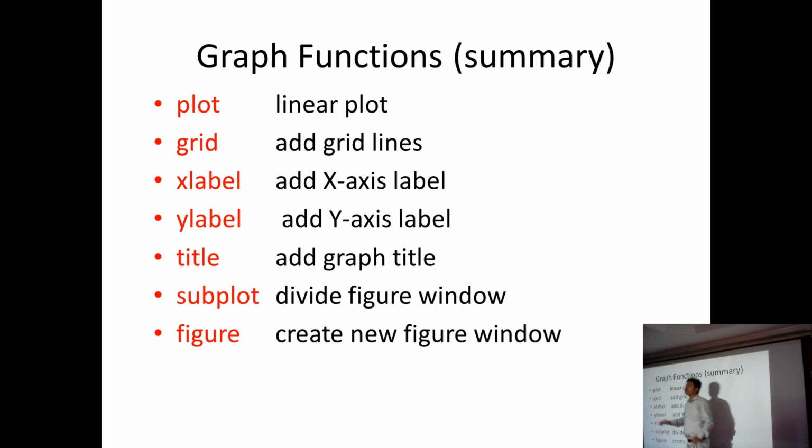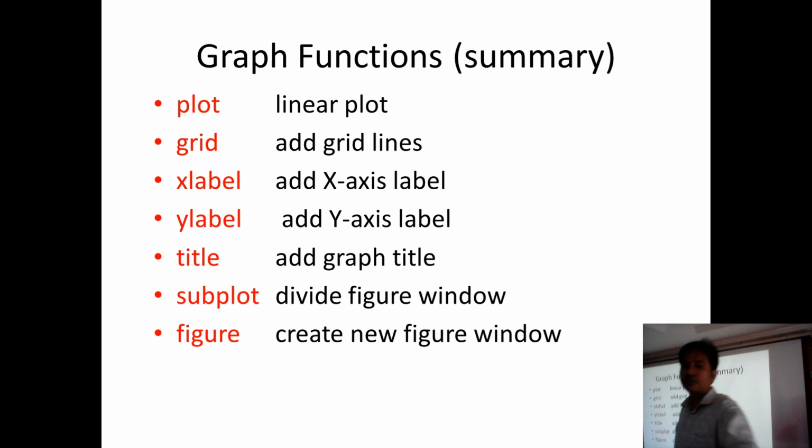To name the x-axis, I use xlabel. Spelling is very important because most of the time people write LABLE, so it won't work. Xlabel will give the name to the x-axis. Similarly, ylabel will give the name to the y-axis. There is a command called title, which gives the title to your figure. And there is another function called subplot, which we will discuss.